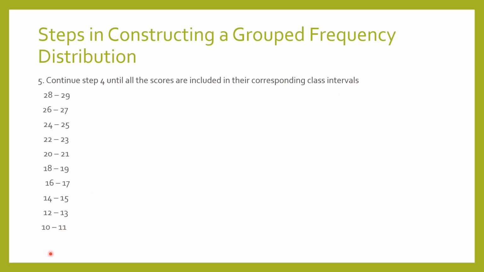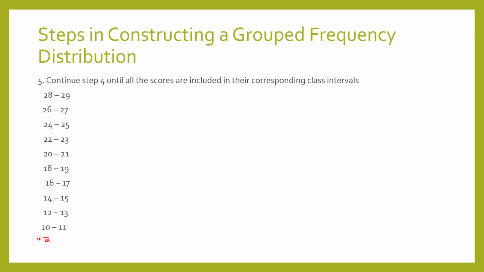If you notice, here we add 2 each time. 12 plus 2 is 14, 14 plus 2 is 16, 16 plus 2 is 18, 18 plus 2 is 20, 20 plus 2 is 22, and so on and so forth.